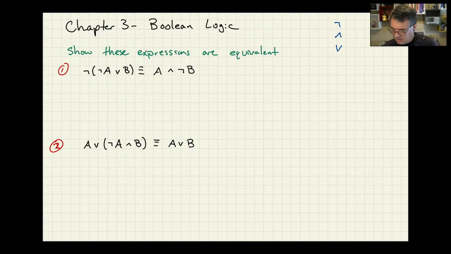Like that. So the top one means not. The middle one means and, and the bottom one means or. So what we want to show is that not (not A or B) is equivalent to A and not B.